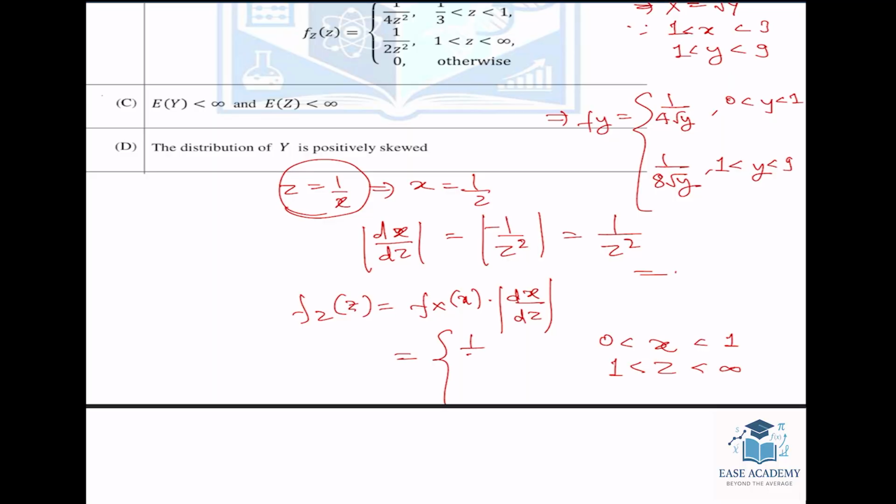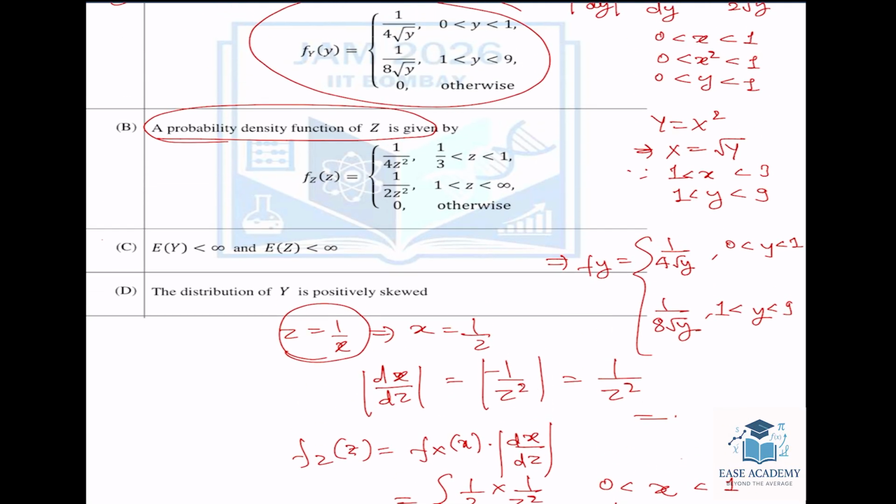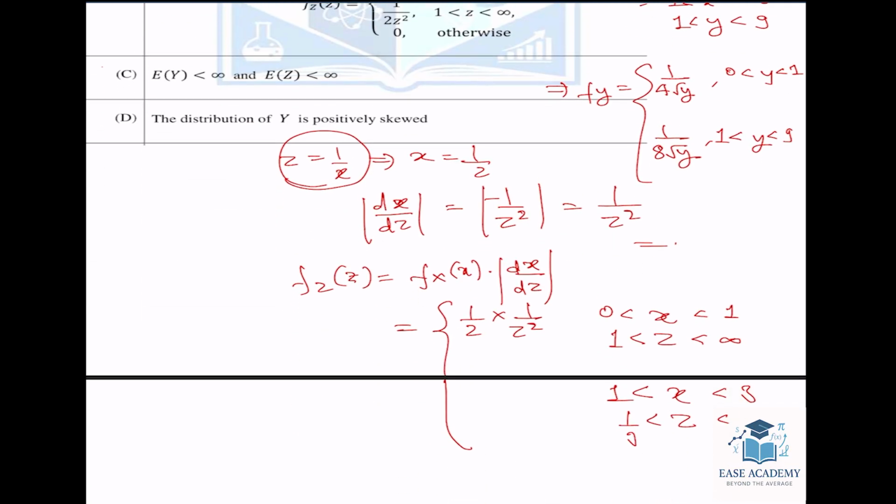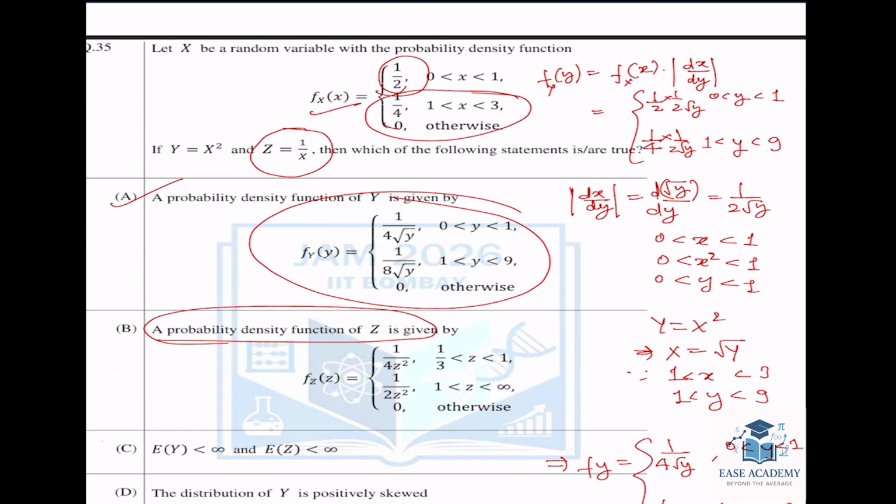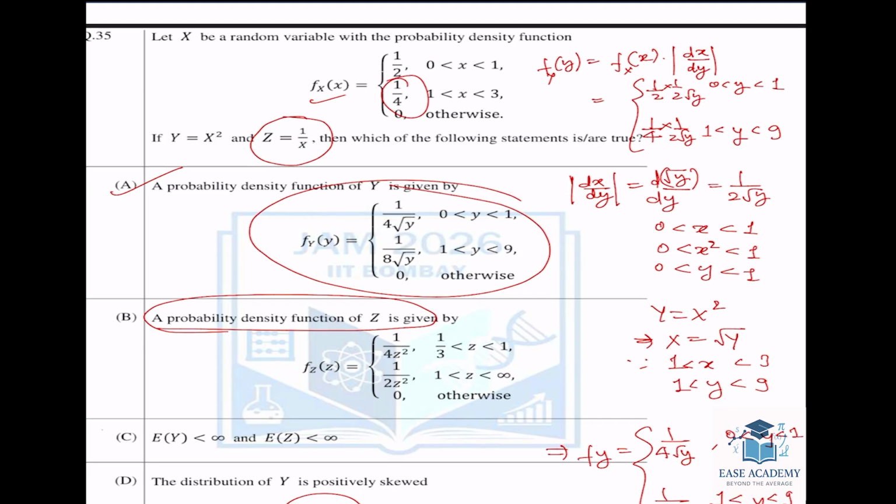We can take it as 1 by 2 into 1 by Z square, and for X from 1 to 3, Z would be 1 by 3 to 1. For this f_X is basically 1 by 4.